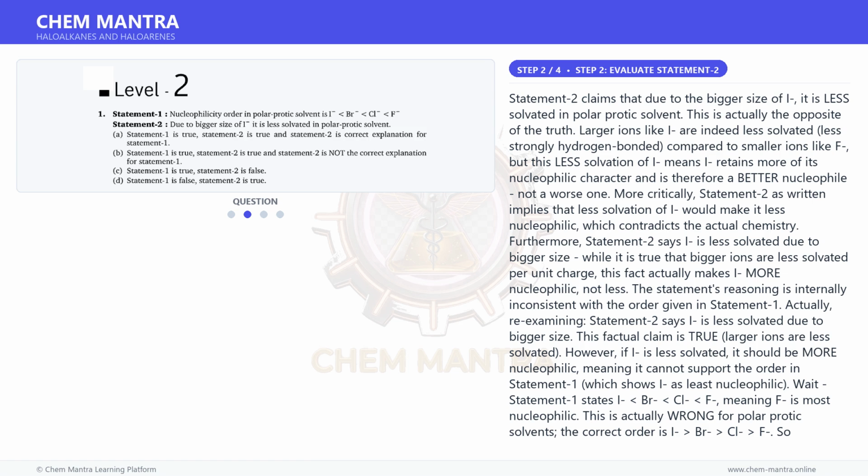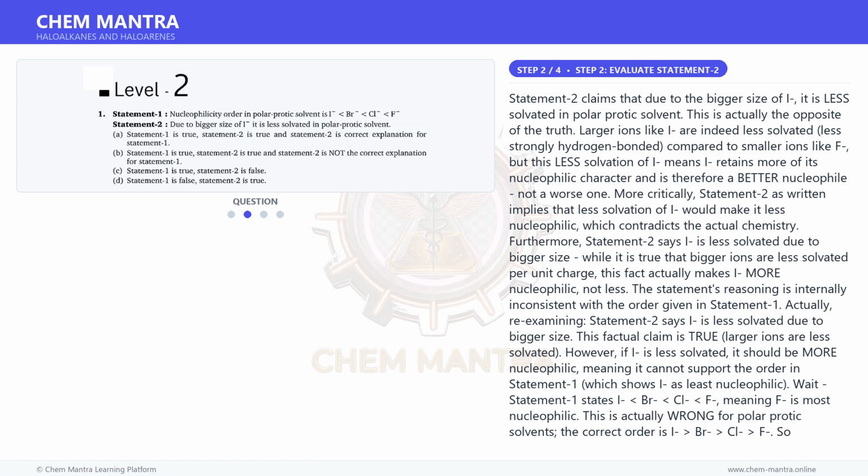Furthermore, statement 2 says I⁻ is less solvated due to bigger size, while it is true that bigger ions are less solvated per unit charge. This fact actually makes I⁻ more nucleophilic, not less. The statement's reasoning is internally inconsistent with the order given in statement 1.